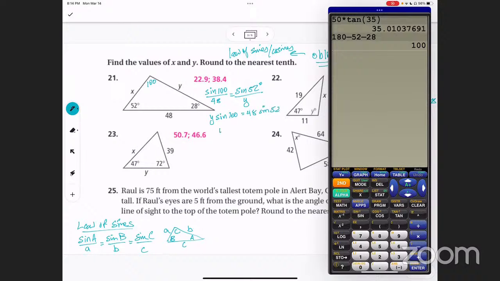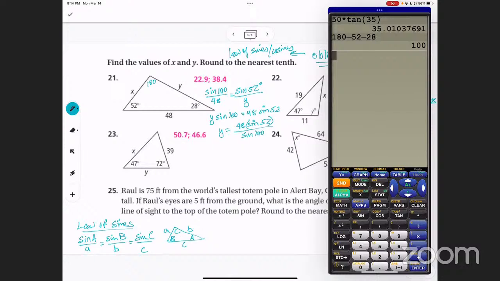And so what does y equal? How do I get rid of this? You divide by sine of 100. So this over sine of 100.